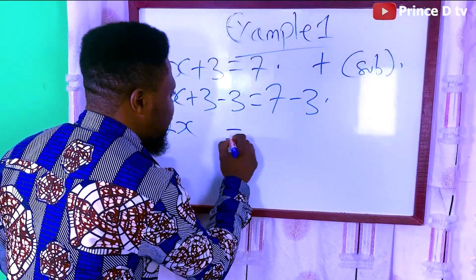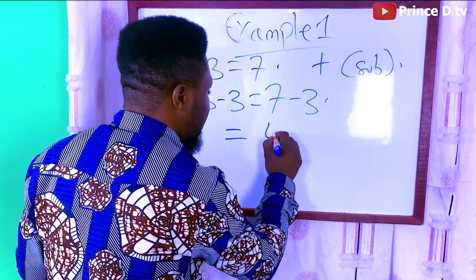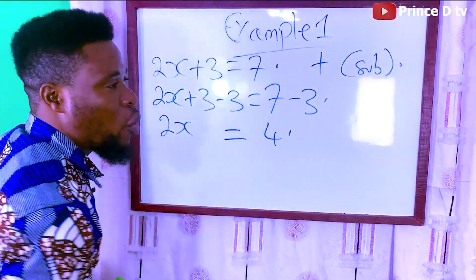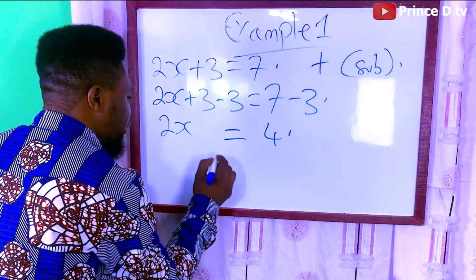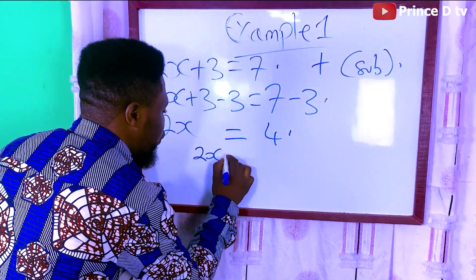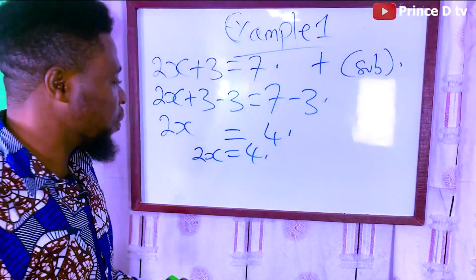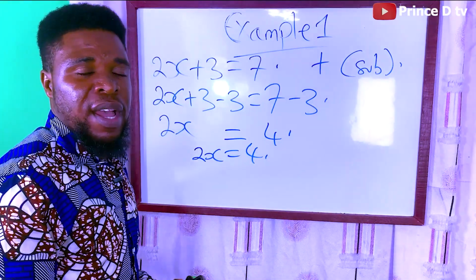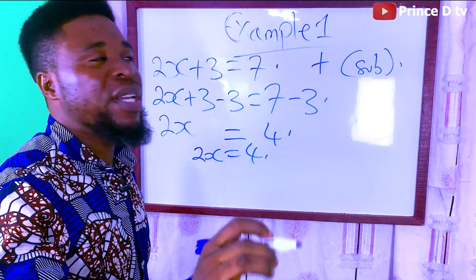We have our equal sign, and 7 minus 3 is 4. So you notice now that we have 2x equals 4. Now remember, our x is still attached to 2. I told you our focus is to isolate x.